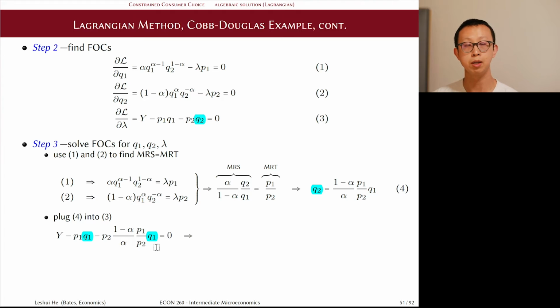Now we can solve this one equation for the only unknown in it, which is Q1. Now to find Q1, we realize that P2 and P2 will just cancel out, and we will have the same product of P1, Q1 here and P1, Q1 here. In other words, we can rewrite our combined equation here in the following way.